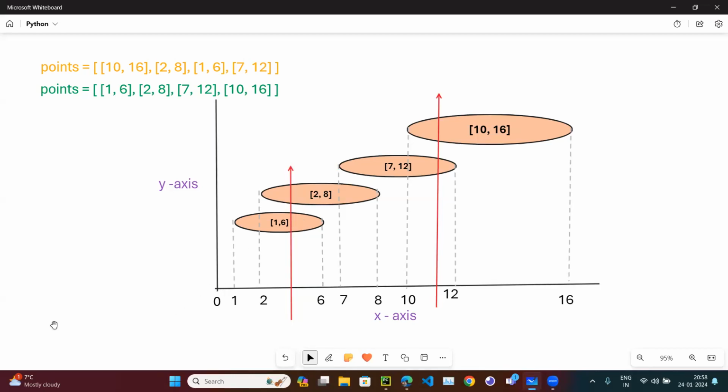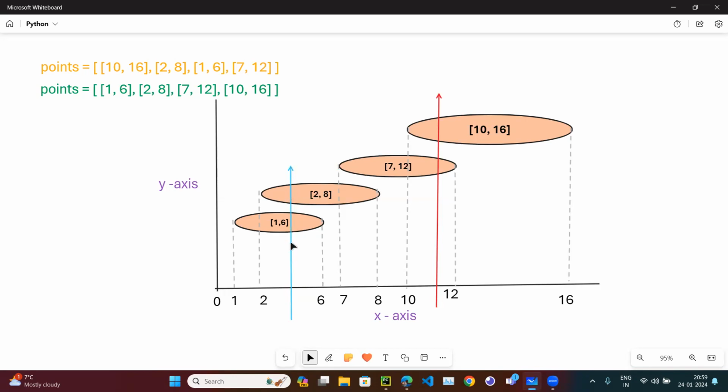You can't say that I am going to shoot diagonally and it is going to burst everything. No, you have to shoot the arrow vertically only. So if I shoot this arrow vertically, it is going to touch this balloon and this balloon as well, right? And with one arrow we are able to burst two balloons. But can we burst three balloons with one arrow?